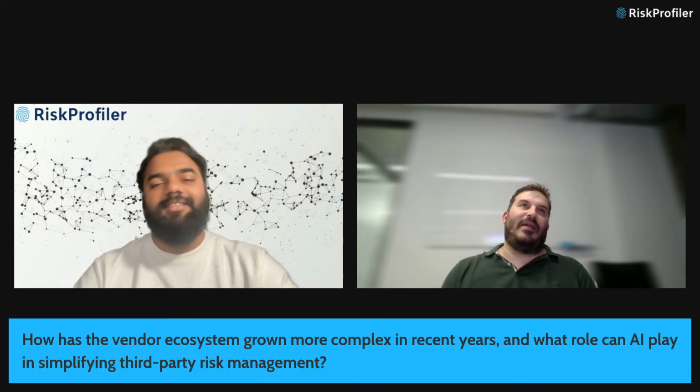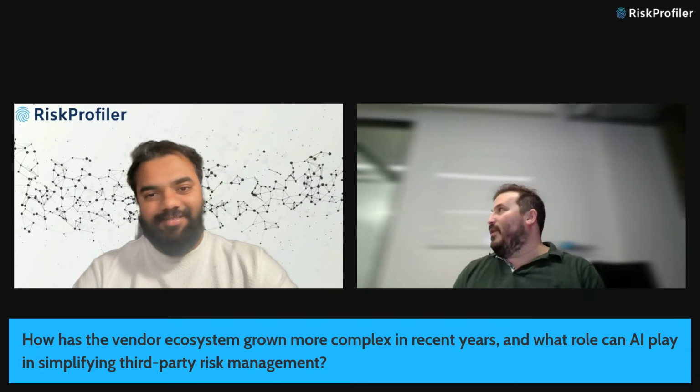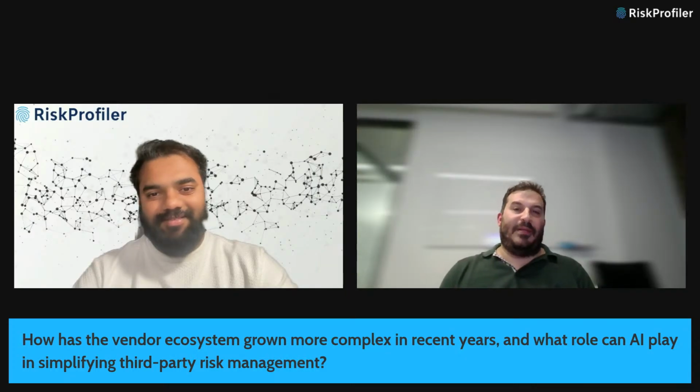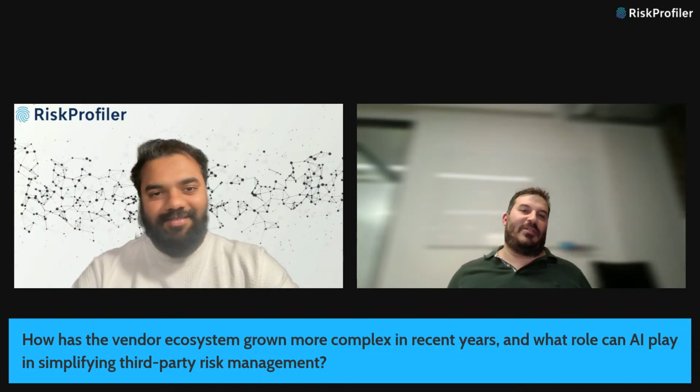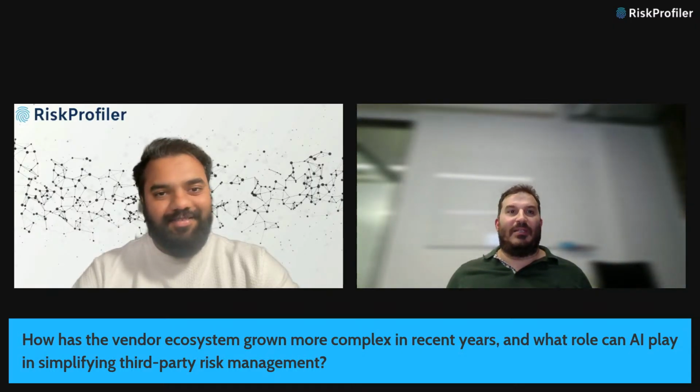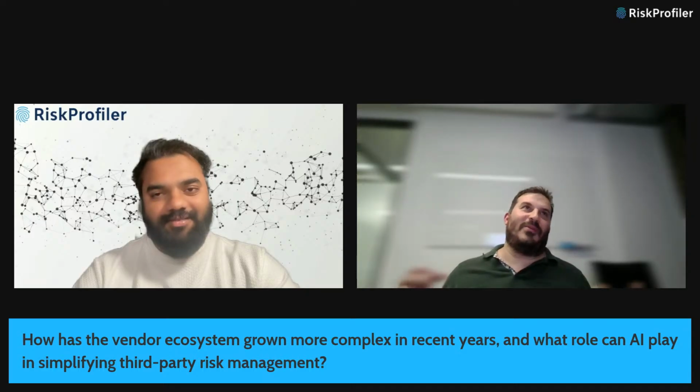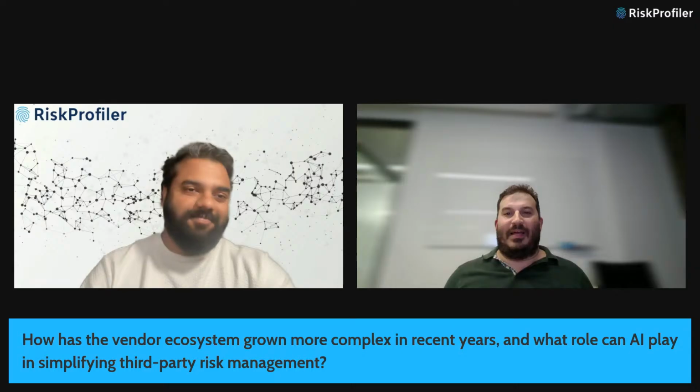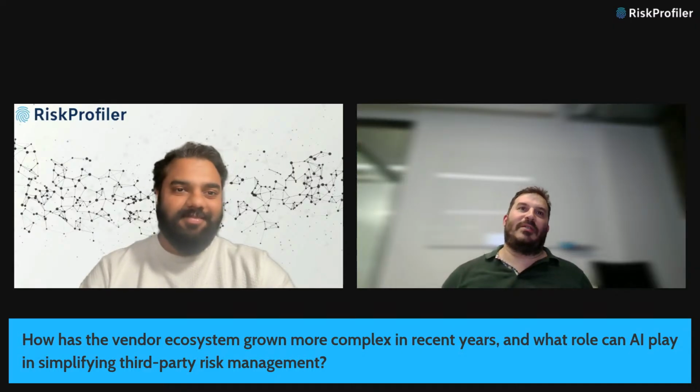AI helps by automating vendor discovery and mapping these hidden dependencies instead of relying on spreadsheets. AI can use digital footprinting and business relationship data to build a living map of the entire ecosystem. It's like turning on the lights in a dark room. Suddenly, you can see every connection, every exposure.